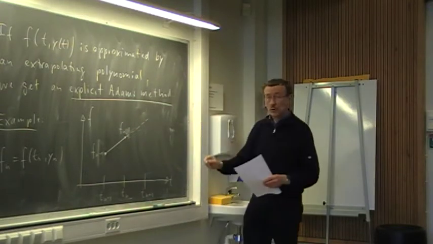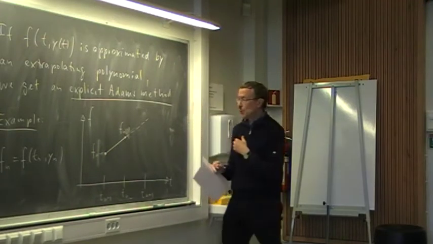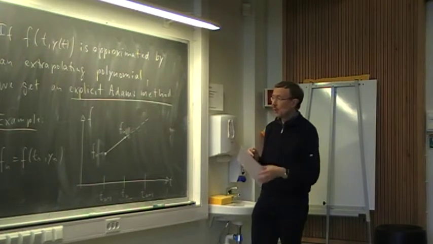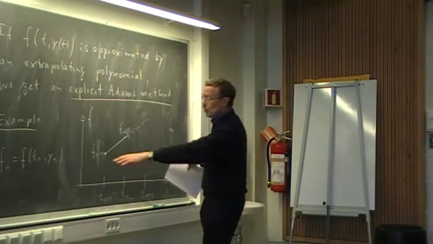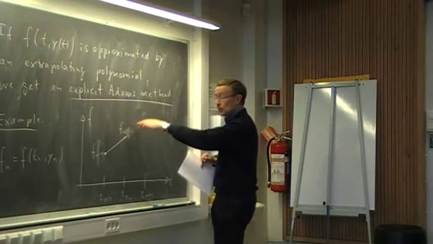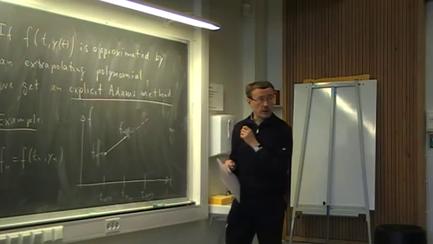We can get the slope from that, and then we simply assume that we can continue it. If we had one more, we could have a parabola, and we would be able to continue it inside the interval where we don't know yet the solution.